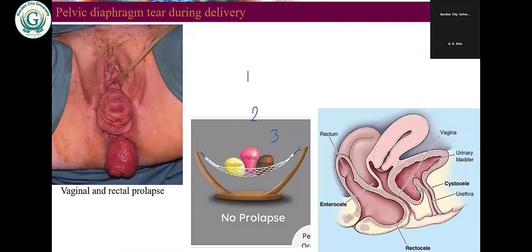Now, if you look at the uterus, the cervix of the uterus and upper part of the vagina, there are some ligaments that connect to the body wall. I mean the bony pelvis.